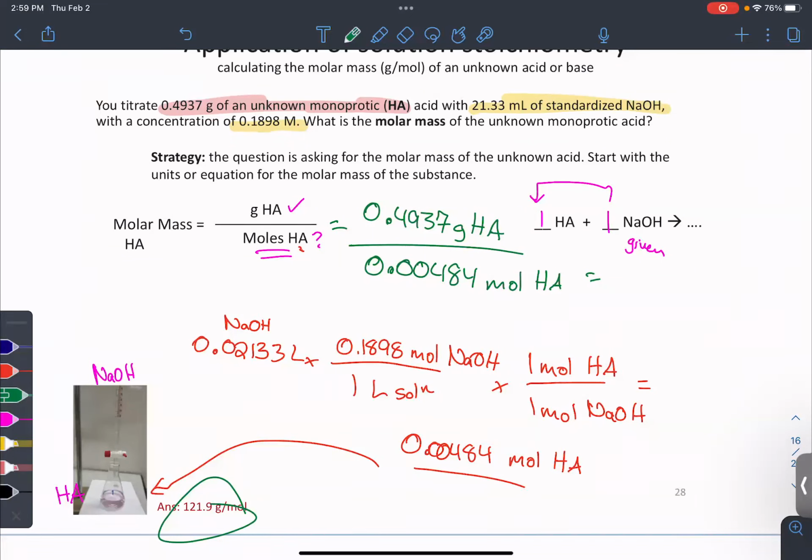I like these determine-the-molar-mass questions. They're very similar to titration questions as well, I think. You're going from a known volume and molarity of one substance to another substance, and usually calculating some type of value out of that. So in this example, it's a 1-to-1 ratio. Let's look at another one.